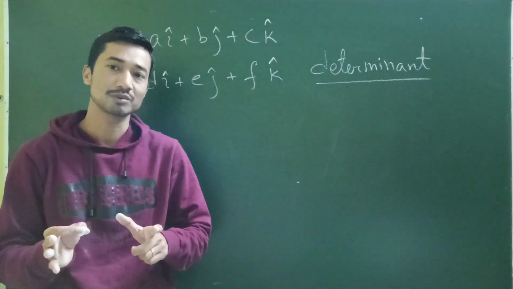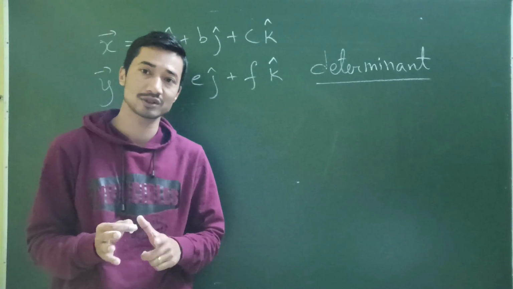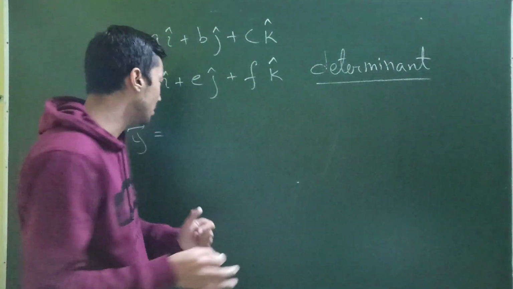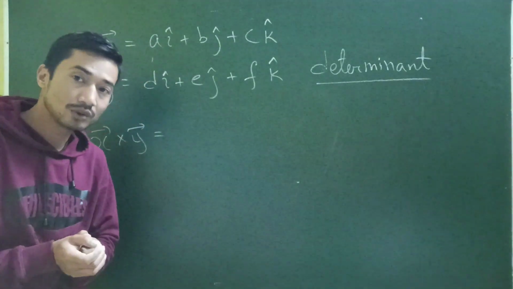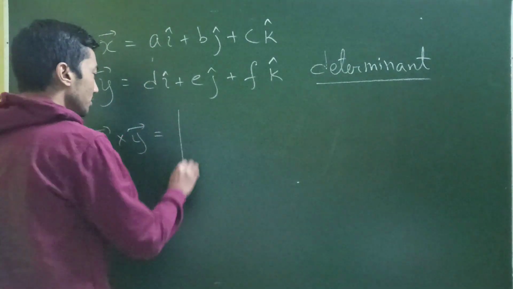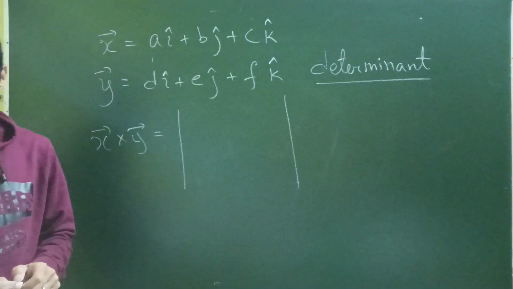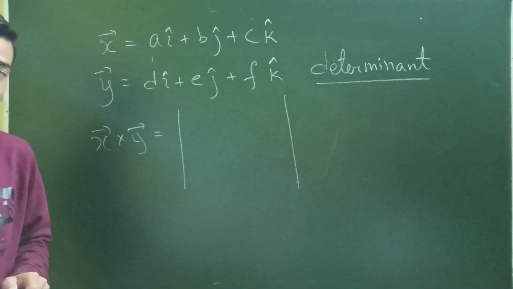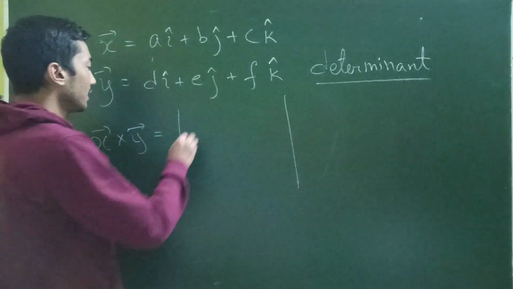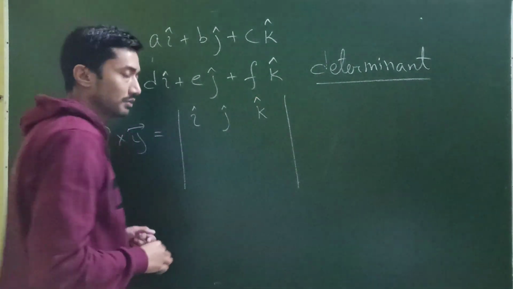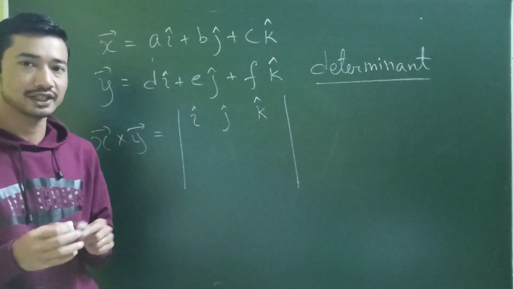So that's going to be easy for us to remember also, because we have already done determinants. But how do we do it? Let's see. What you will do is prepare your determinant, and then write down the unit vectors I, j and k of the respective axes.